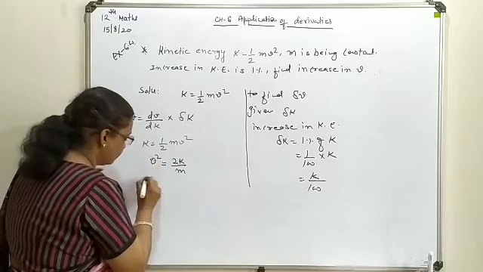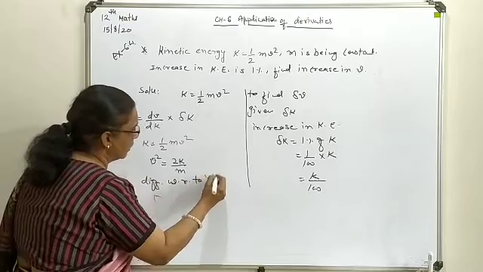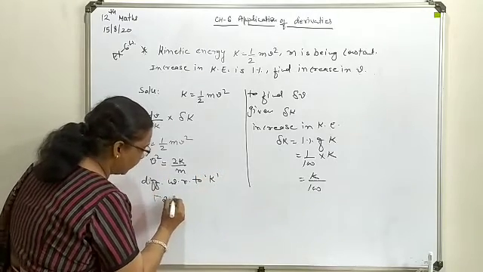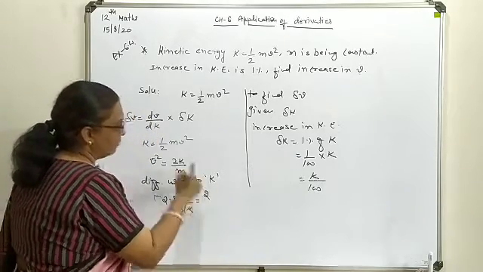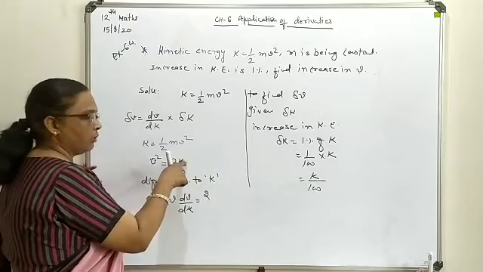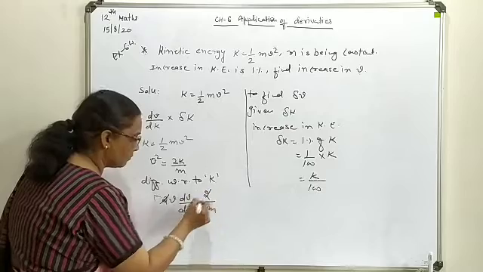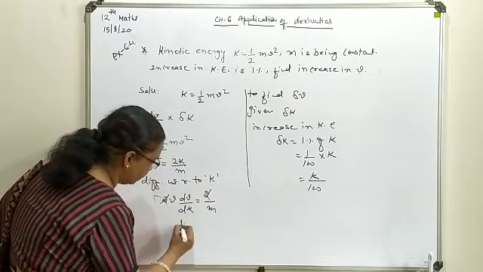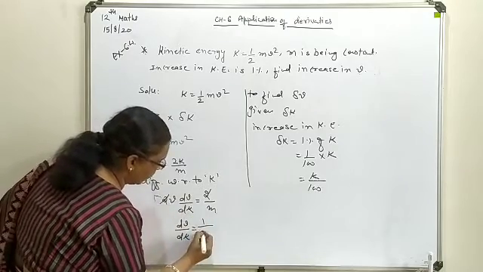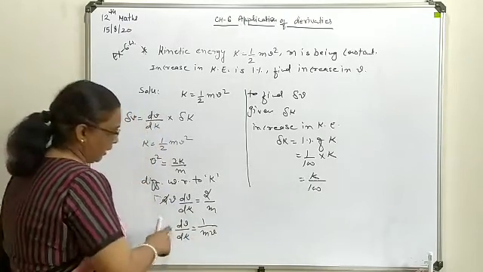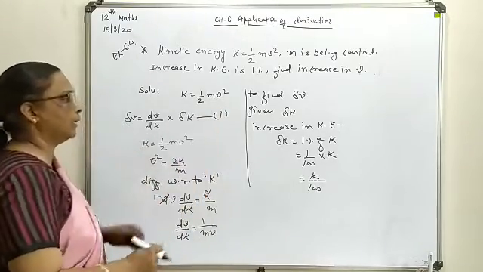Differentiating, this will be 2V dV by dK, and with respect to K it will be 2 by m only, and the 2s cancel. So this gives dV by dK as 1 upon mV, shifting V over there. So this is one term we have developed. This is the basic equation, so mark it as 1.